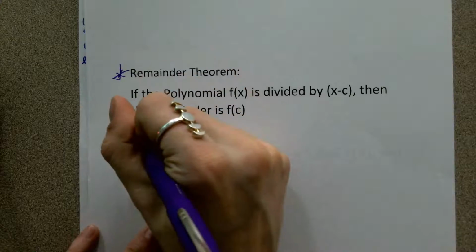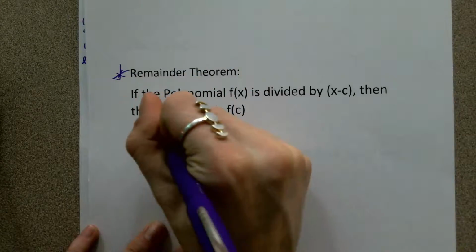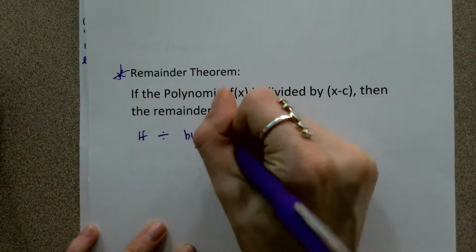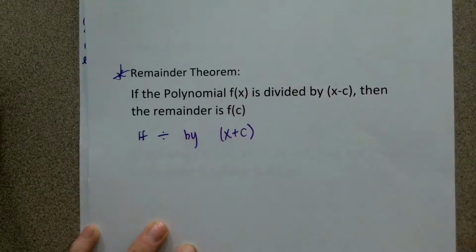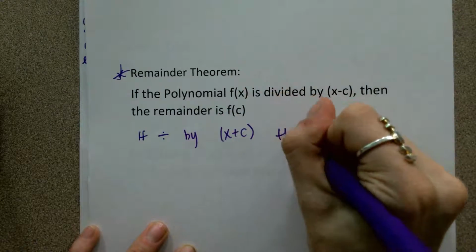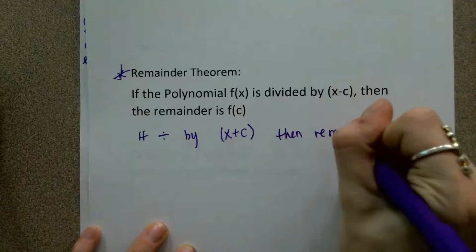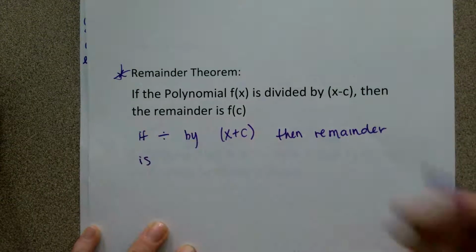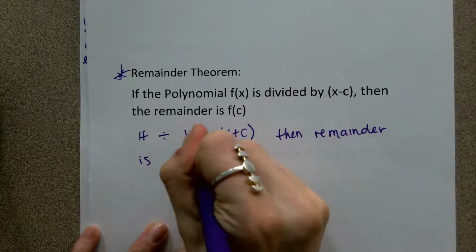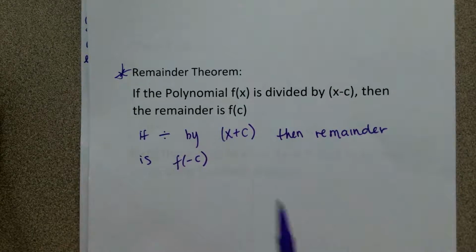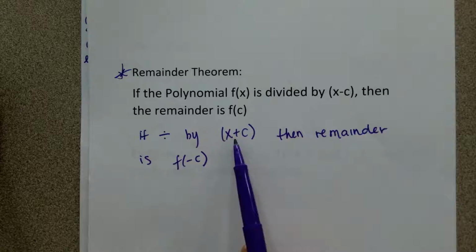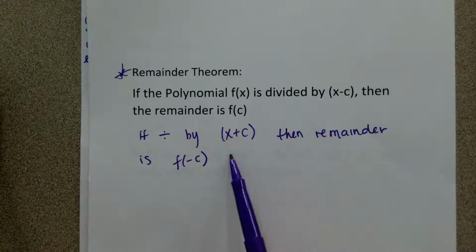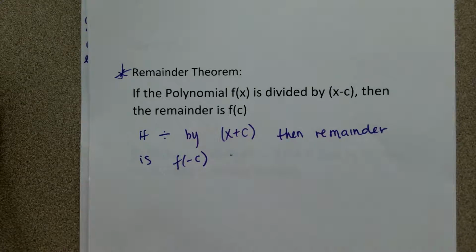It also works if divided by x plus c, then the remainder is f of -c. So whatever value makes this factor 0 is what the remainder will be when we plug it in.